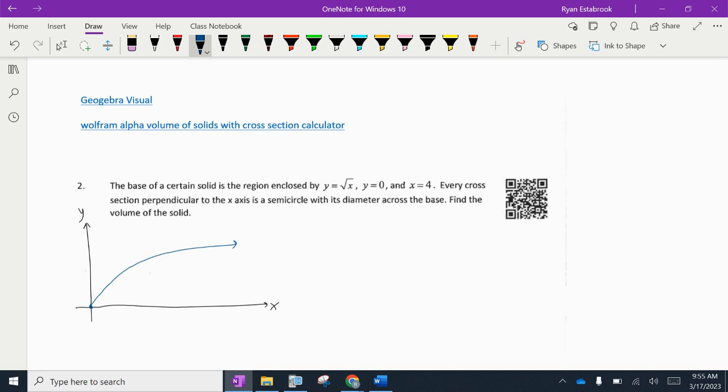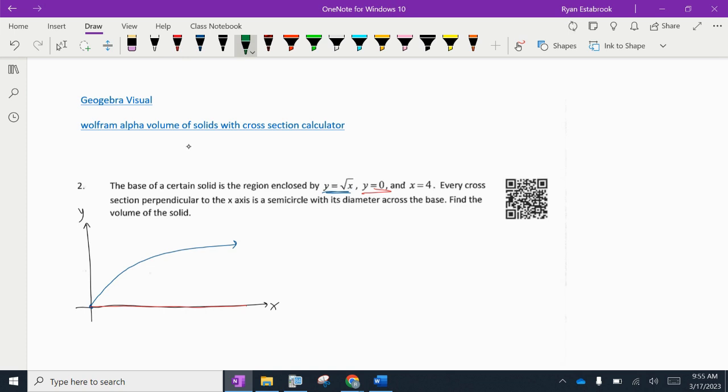Where's y equals 0 at? What does y equals 0 look like? Horizontal line at the x-axis. So here is y equals 0.